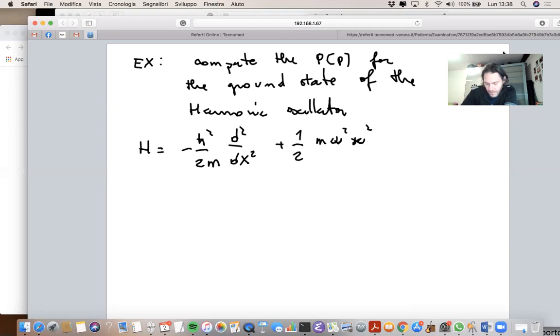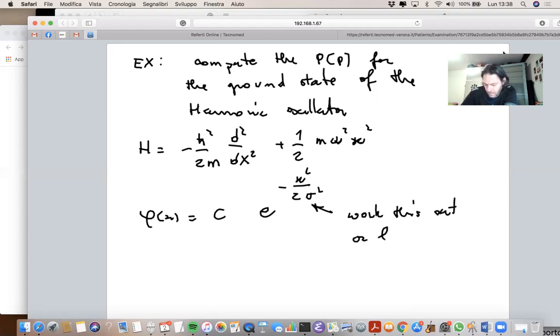Now, it turned out that the wave function was a Gaussian, and the coefficients and the weight of the Gaussian I don't have here at hand. You can work this out or look it up on Wikipedia also.